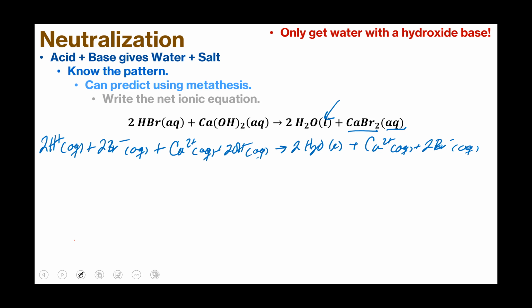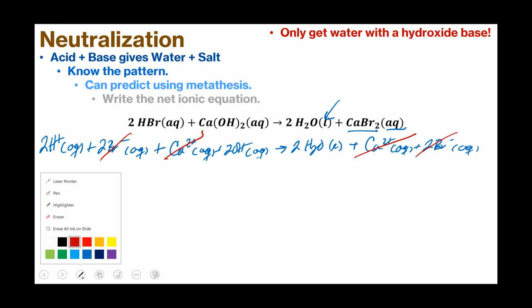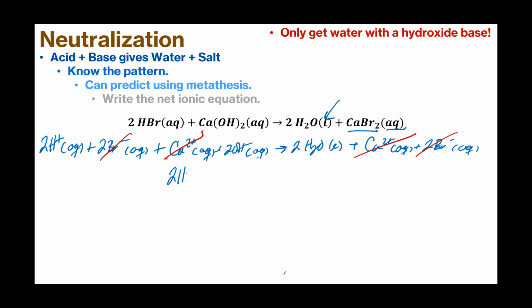There's going to be fewer than we like. Calcium 2 plus cancels out. Bromide cancels out. And now we have our equation: 2H plus aqueous plus 2OH minus aqueous gives us 2 water liquid.